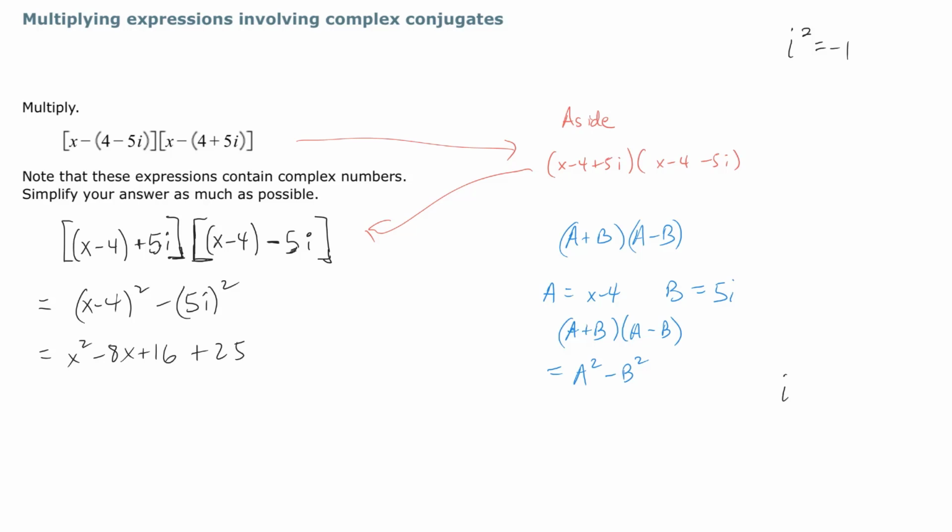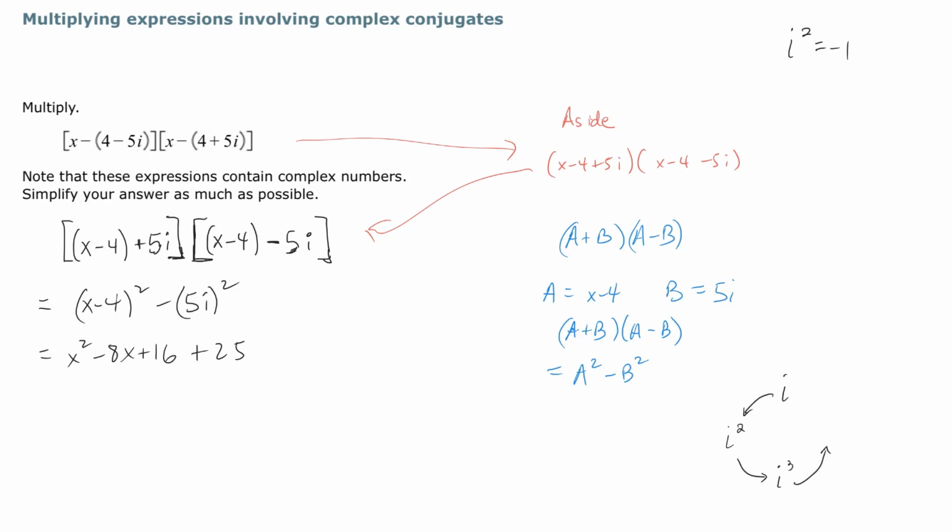I don't know if you've seen this, but it kind of cycles. After i times i, you get i squared. And then i squared times i, you get i cubed.